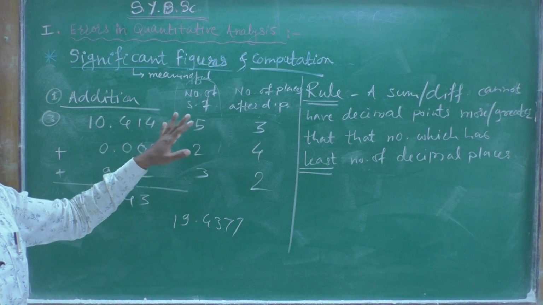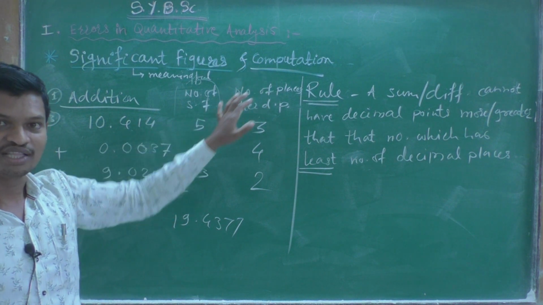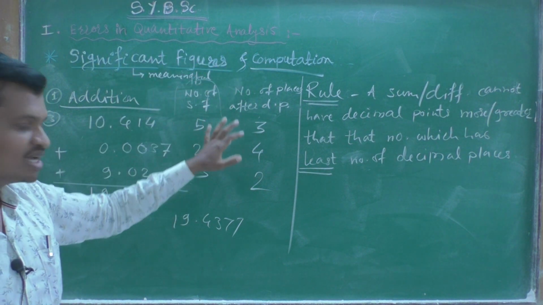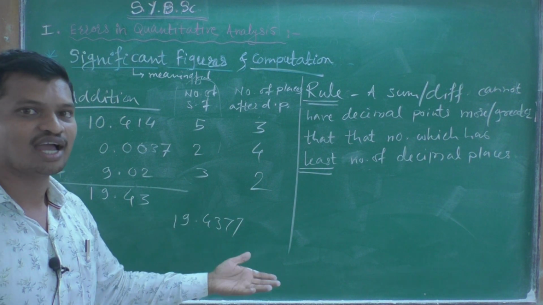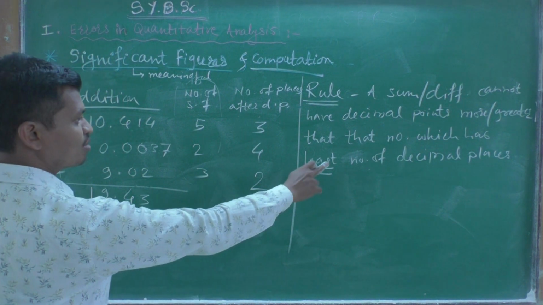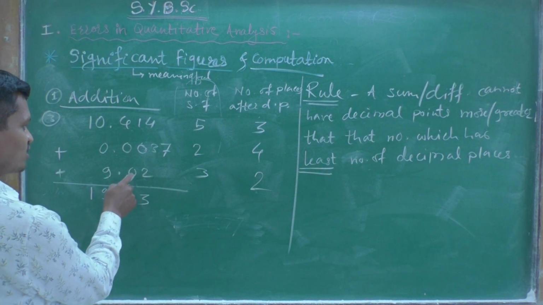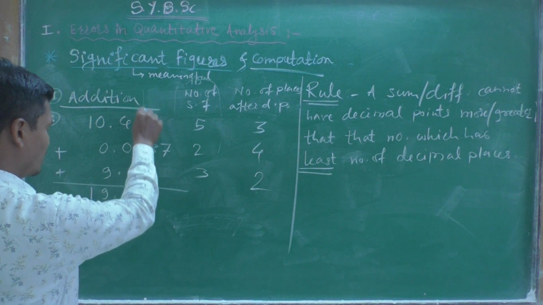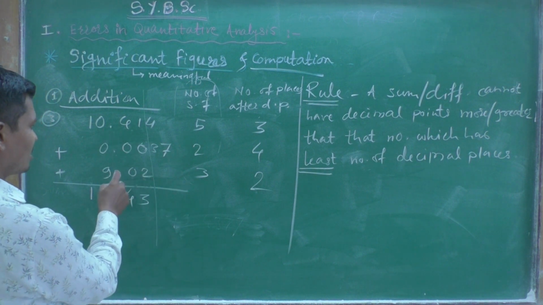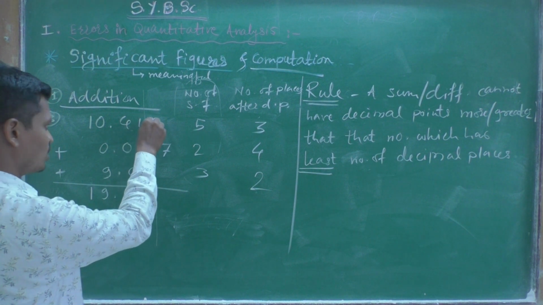It is not an incorrect answer actually, but for the purpose of computation and the significant figure concept, it is not considered correct. The number of decimal places should be 2, because this number has the least, so while adding we only consider 2 digits after the decimal point, not this 4, not this 37.